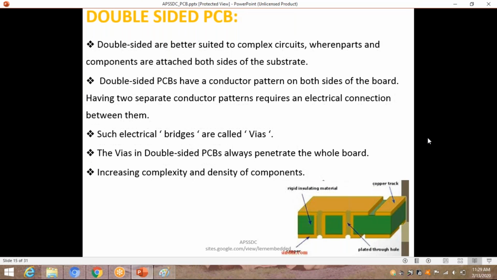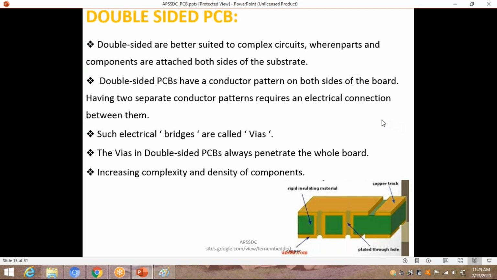Double-sided PCBs. As we have discussed earlier, double-sided PCBs are better suited to complex circuits, wherein parts and components are attached to both sides of the substrate. You can read these points.